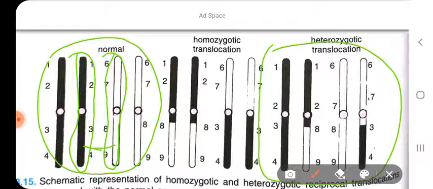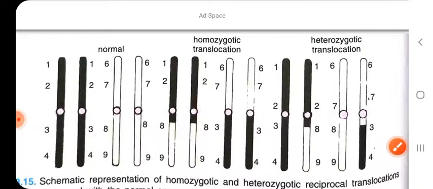So in heterozygous reciprocal translocation, only one member of each of the two homologous pairs exchanges its segments. I hope this topic is clear.